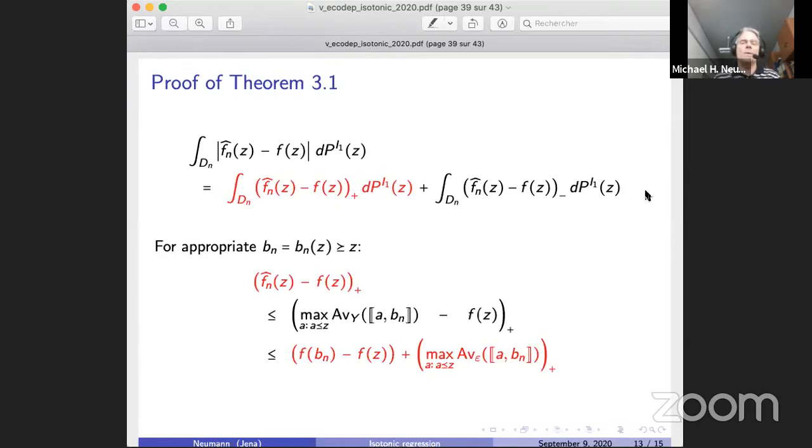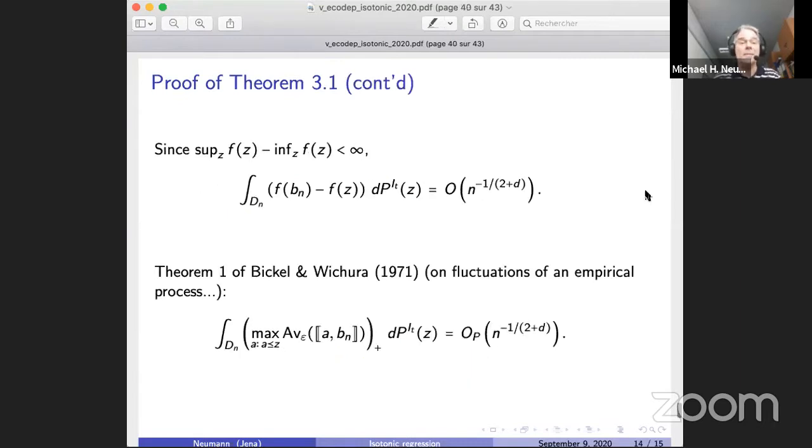And what we do next is to split up into a bias term and a variance type term, and both terms can be treated separately now. So next slide, please. Regarding the bias term, it just follows from isotonicity and from boundedness of the function f that the integral over the bias term is of the desired order.